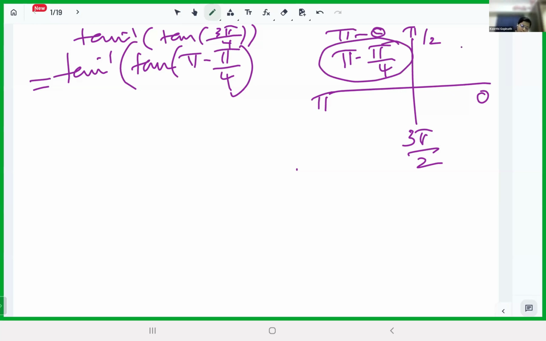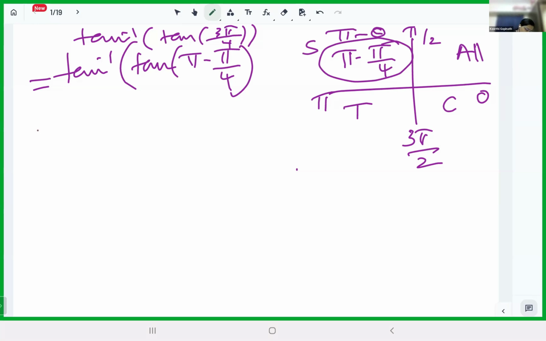Tan is negative. Here all the trigonometric functions are positive. Here sine and its reciprocal cosec are positive. Here tan and cot are positive. Similarly, here cos and sec are positive. So in the second quadrant, tan is negative.